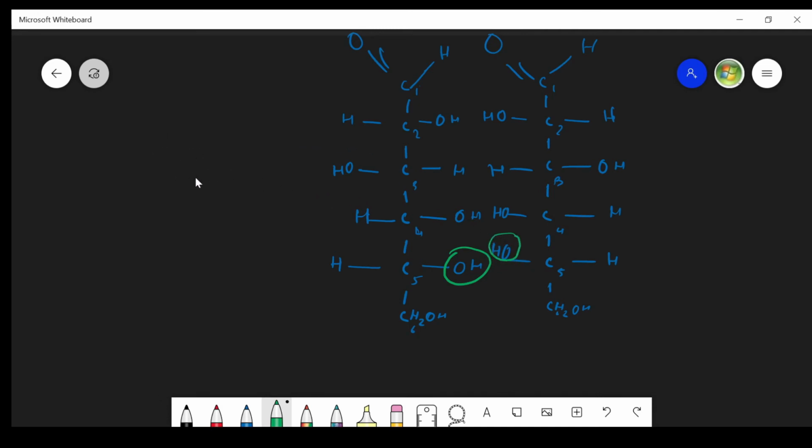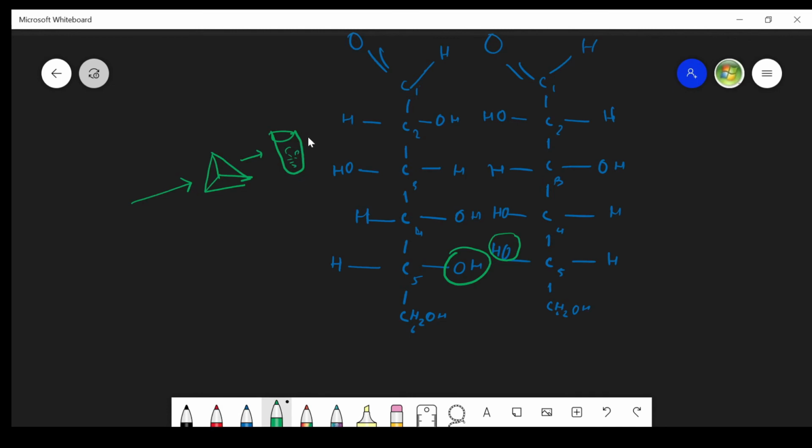Now if light is passed through a prism, and if this test tube contains D glucose, then what will happen?